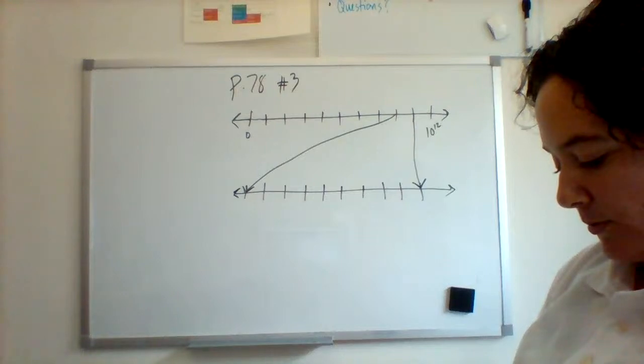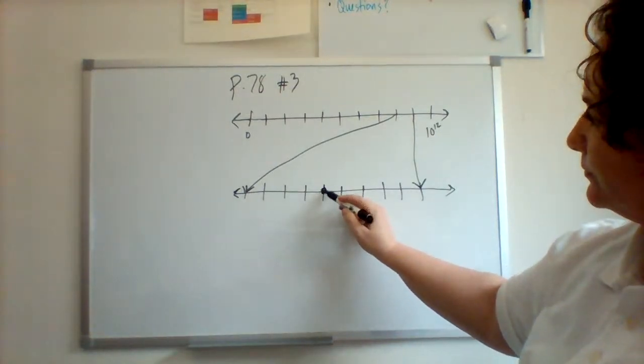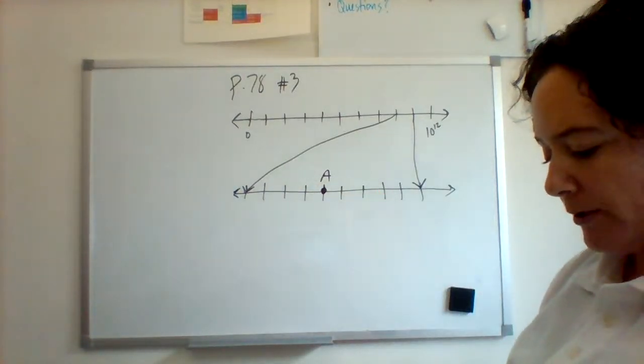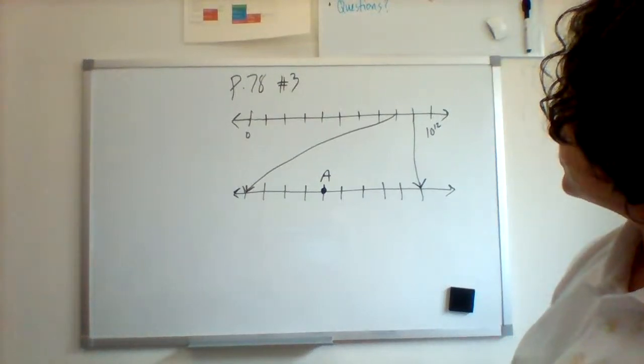So 1, 2, 3, 4, 5. 1, 2, 3, 4, 5. What number is represented by point A, and explain or show how you know?